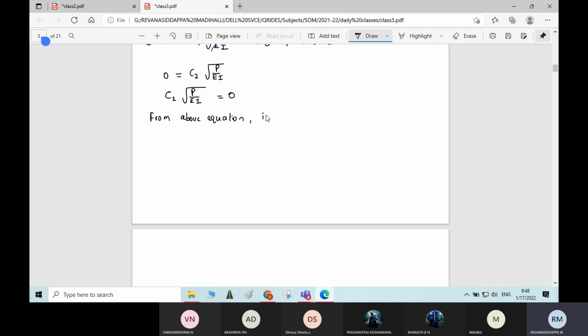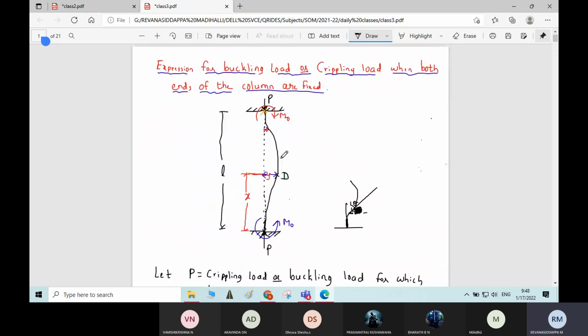But if you take the practical consideration of the column, there exists some value of force P, some buckling load, that is why the column is buckled.